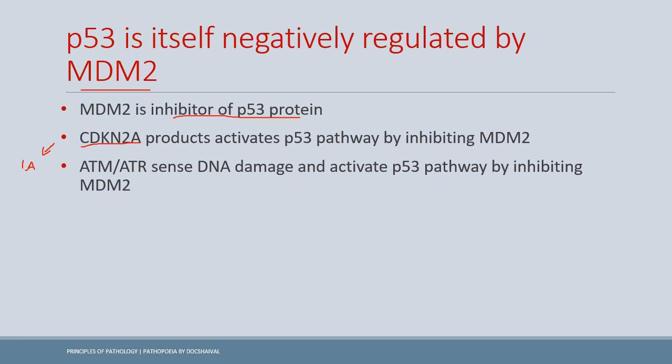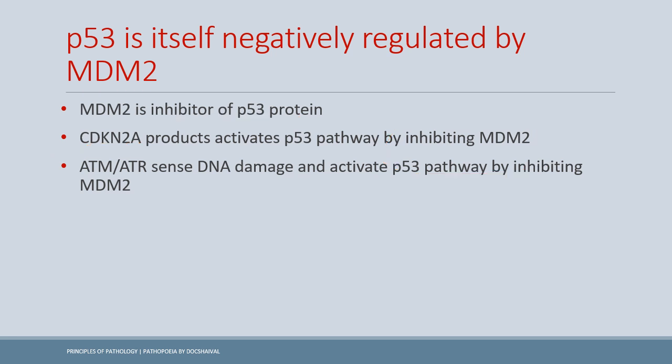So the function is the same, the goal is the same, that is the CDKNs must inhibit the cell cycle because they are cyclin-dependent kinase inhibitors. The goal is the same, only that CDKN2A activates the P53 pathway while P53 activates CDKN1A. Okay, and CDKN2A activates the P53 pathway by blocking MDM2.